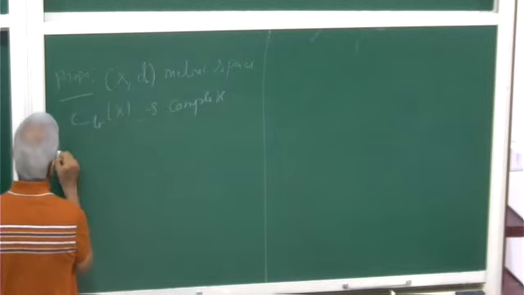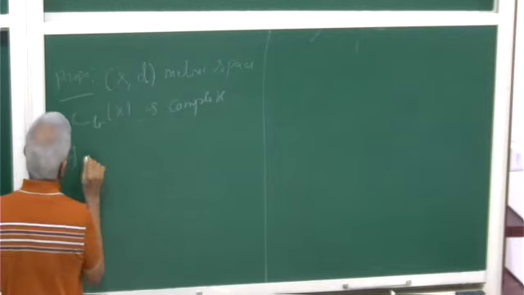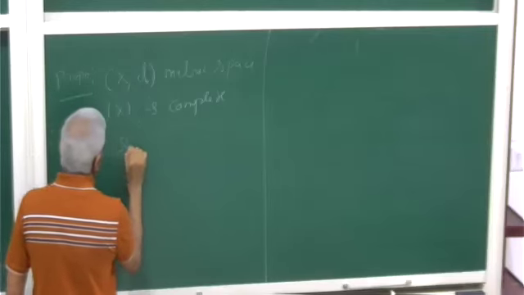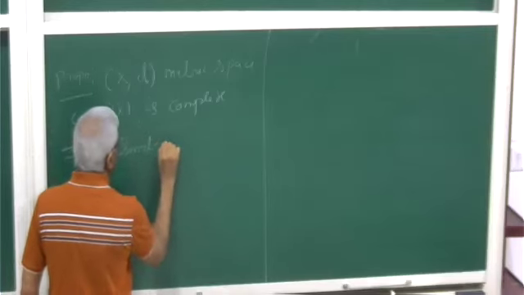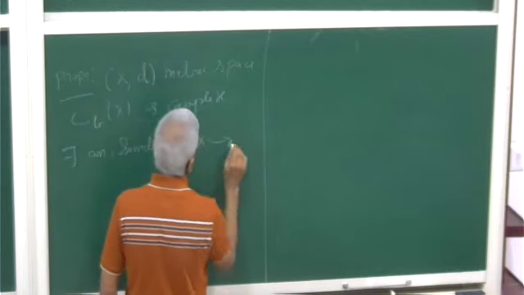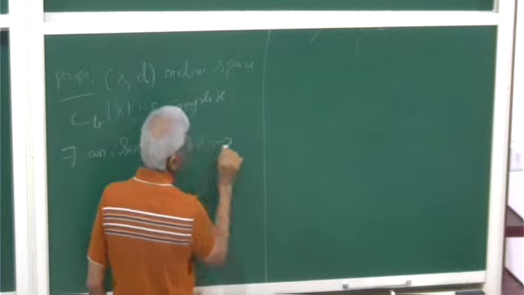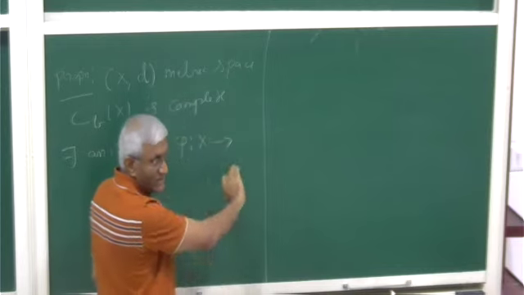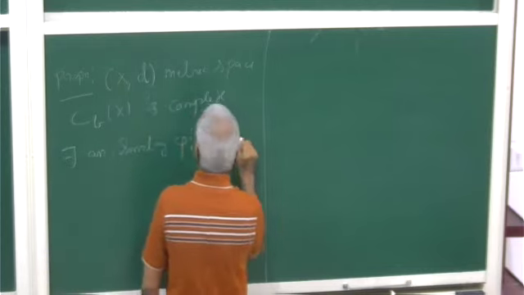Then the statement is the following. There exists an isometry phi from X into, when I write it like this, it is an embedding, into that CBX.